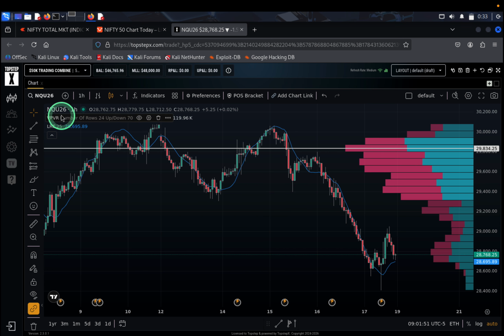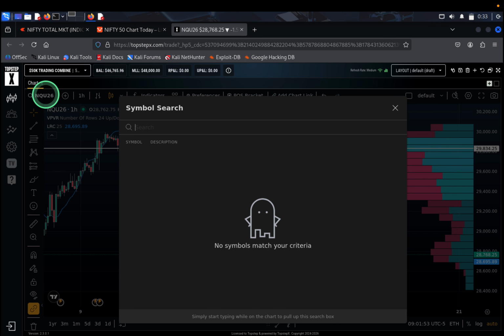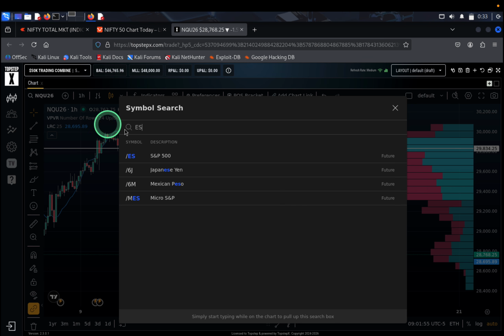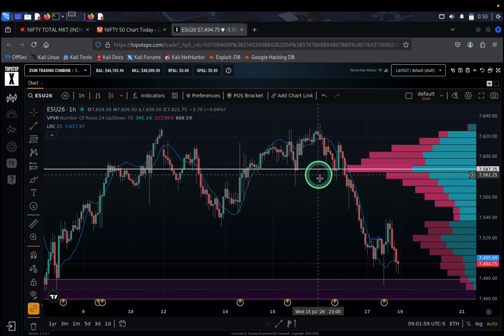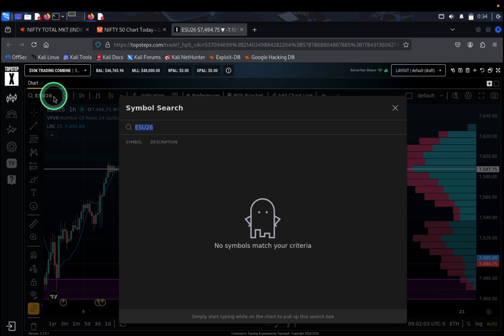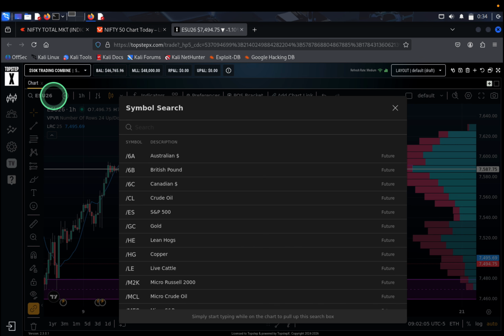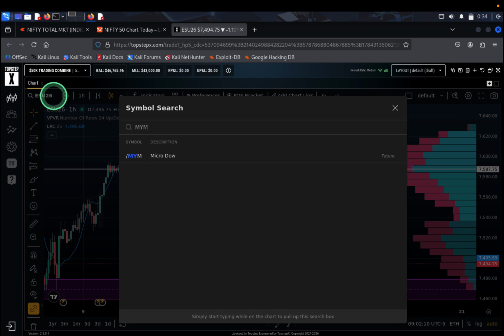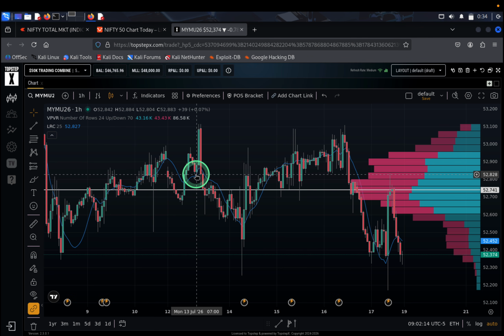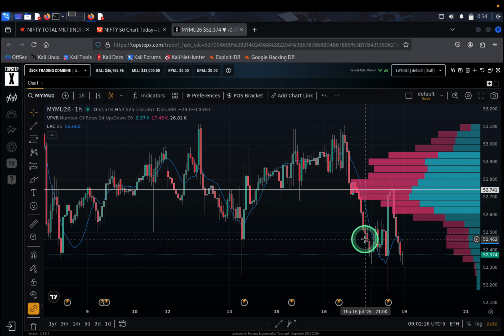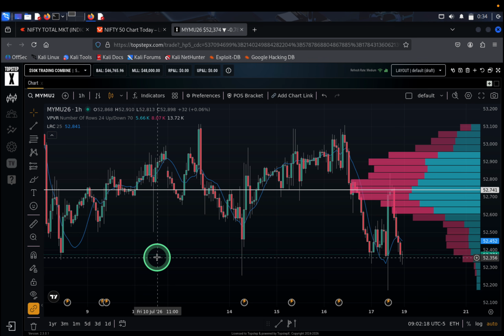So this is one. S&P futures and Nasdaq futures go head to head, and you can see there is a downtrend momentum in this as well. Dow futures are also facing downward momentum but consolidating at the support level.